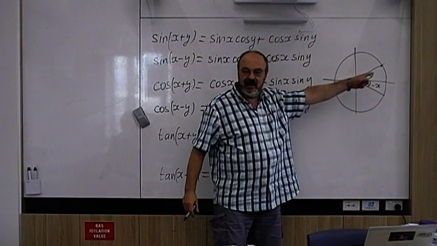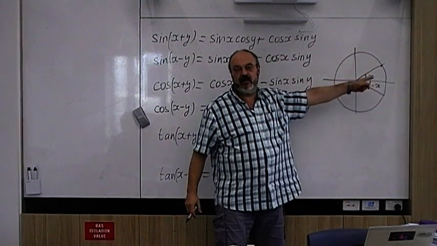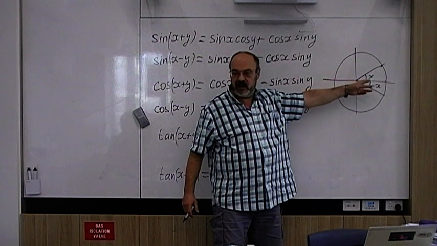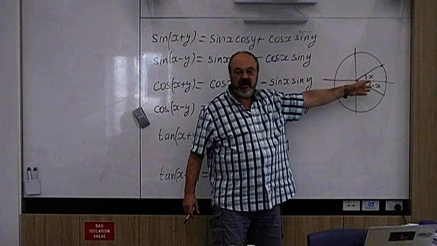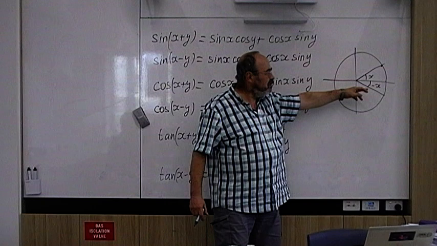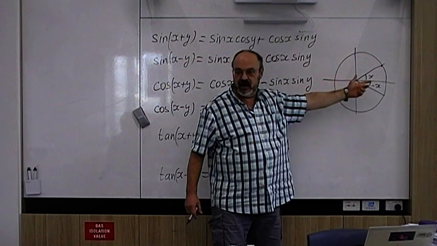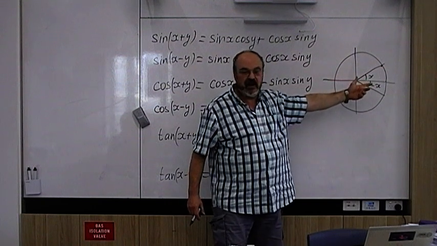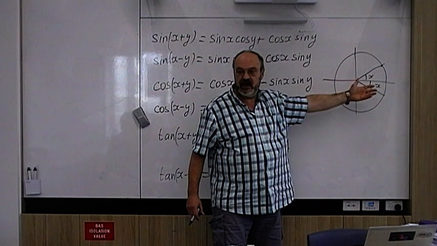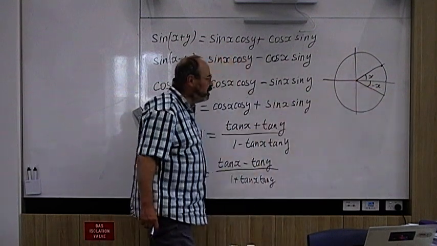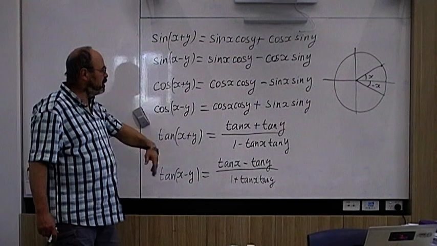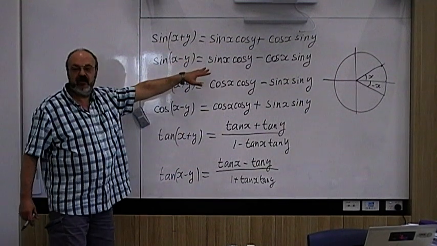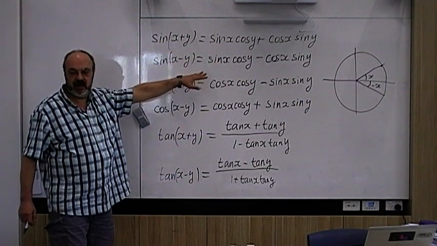Cos negative x equals cos x, because cos is the x coordinate. And sine minus x equals minus sine x, because sine is a y coordinate. Pretty much that is the symmetry properties, the basic way of changing the signs, plus and minus.